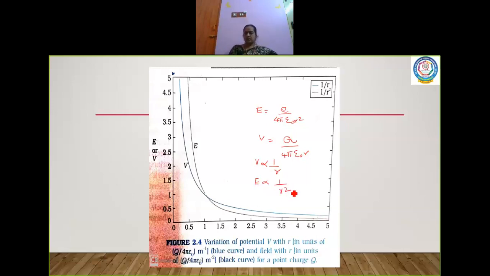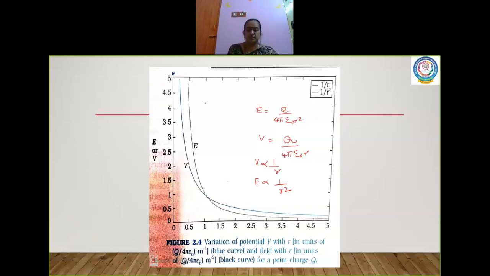Okay. Now look at this value, children. Potential is inversely proportional to distance, in the sense, if the distance is lesser, potential is greater, or if the distance is greater, potential is lesser.